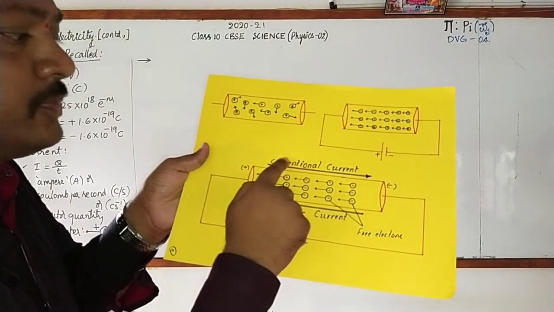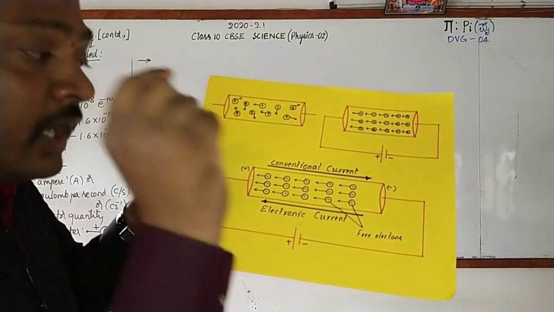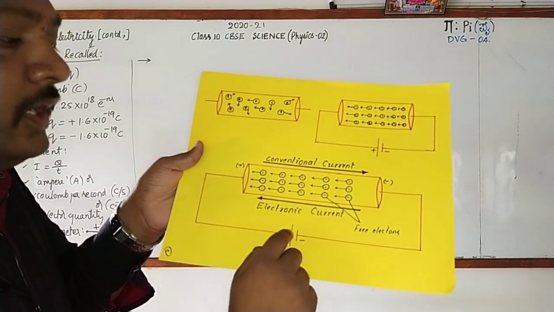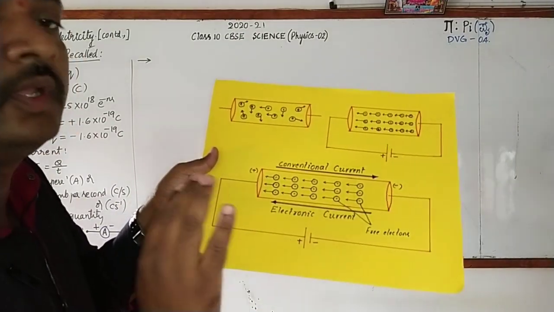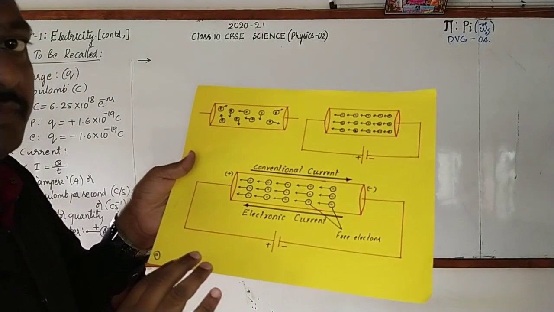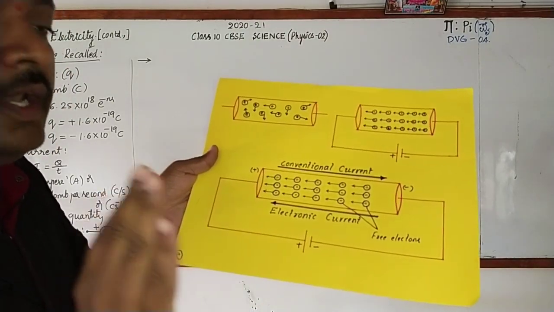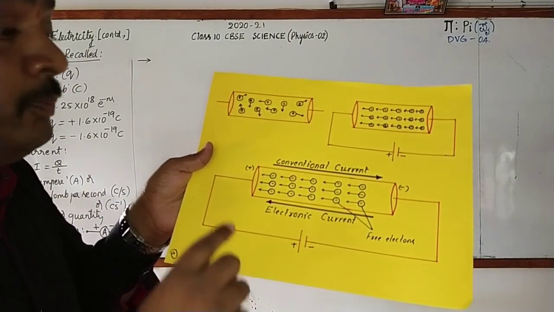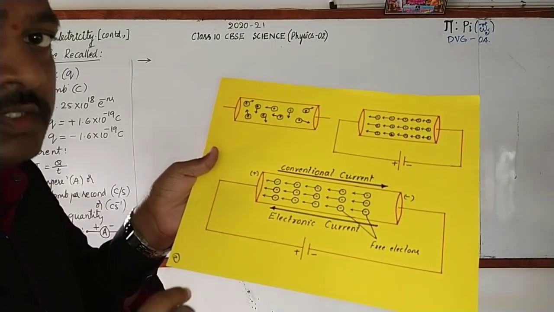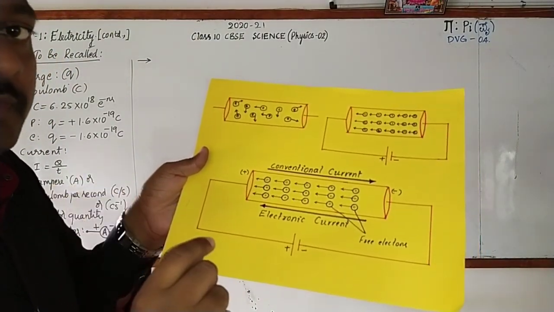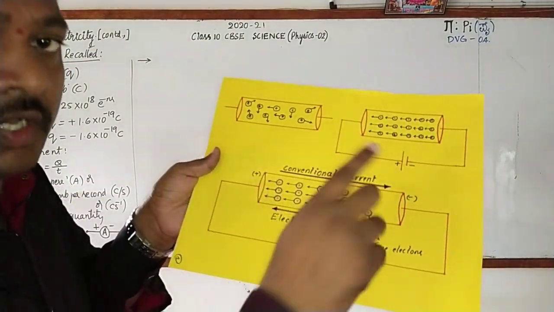Similarly, you can also observe that conventionally we show the direction of current from positive terminal to negative terminal. Why? Because the concept of electricity was already known before the discovery of electrons, and the concept of electricity was developed based on the protons.